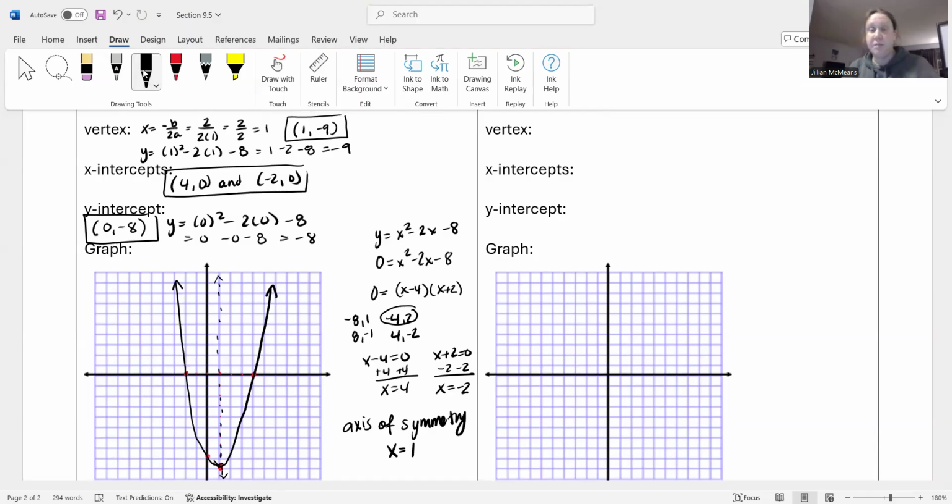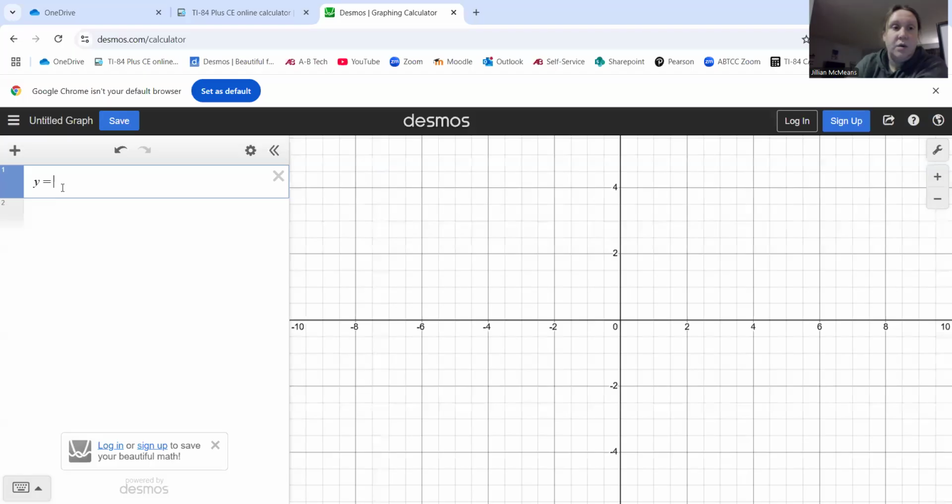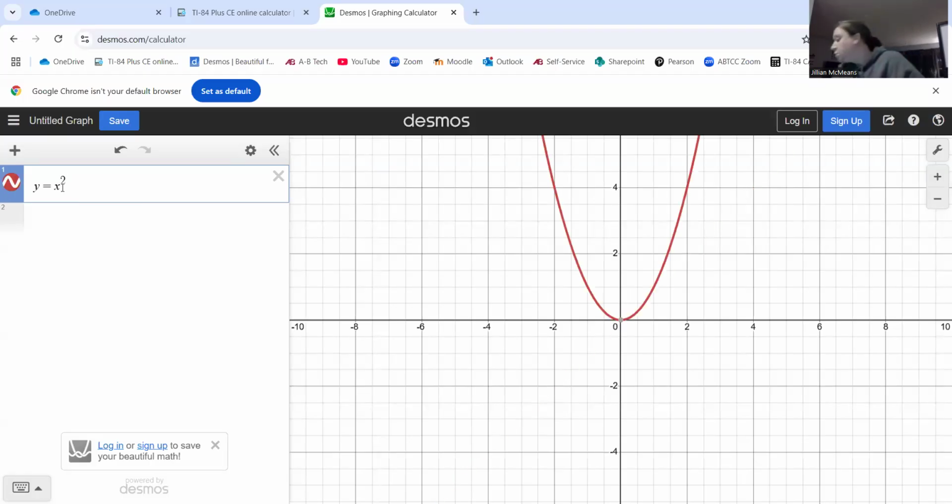Okay, now let's jump over to Desmos and just see if everything matches up. Remember, Desmos is a fantastic tool, but don't overuse it. You still have to duplicate these steps and understand this process in class, okay? So let's see what Desmos says. Now our equation was y equals x squared minus 2x minus 8.